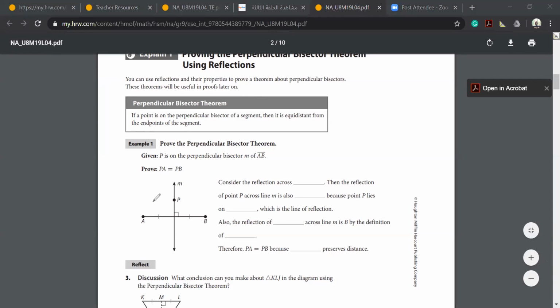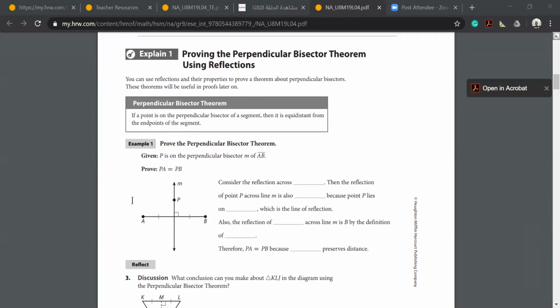We need to understand very carefully. Let's draw. Equidistant means what? What if I draw a line from here? I'm so sorry that my hand is a little bit shaky. Try to think that it's a very smooth line, from here to here, and a very smooth line from here to here.